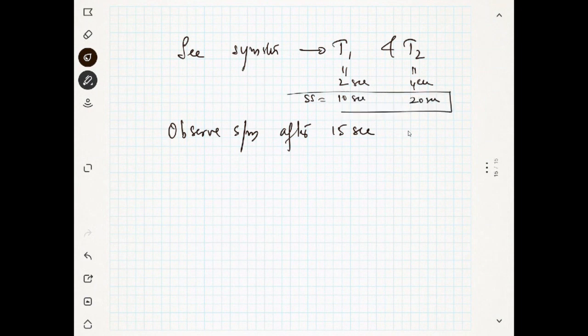Now observe the system just at the 15th second. Which response will you see? T2, sir. Yes, T1 is already dead, already finished.